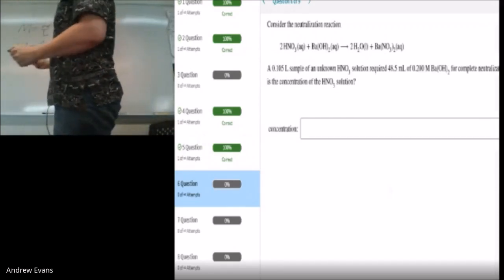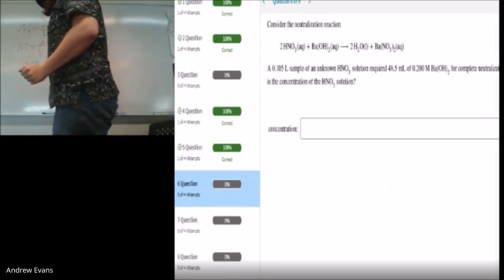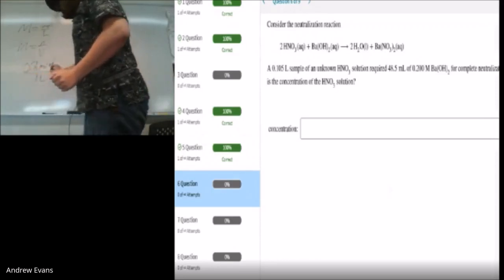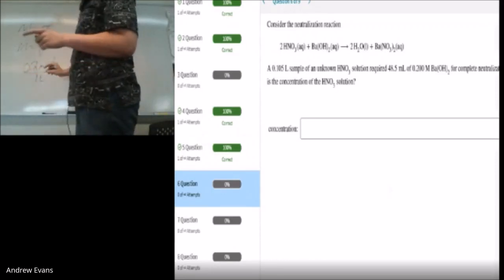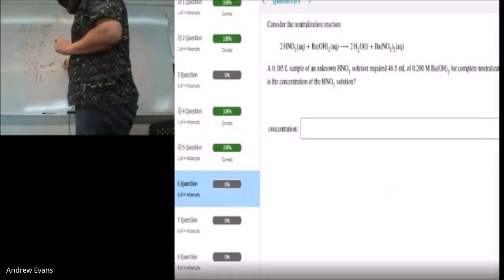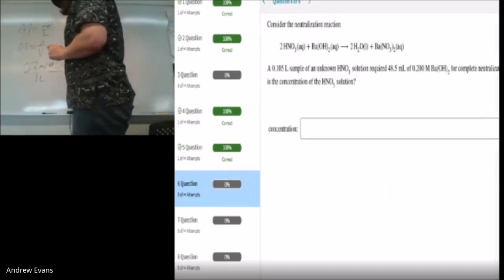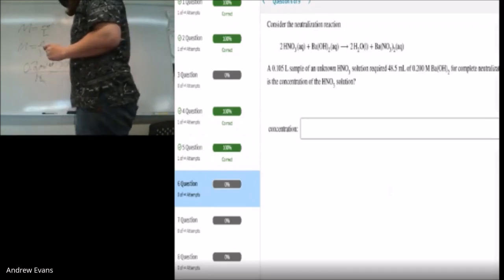So there is 0.2 moles of Ba(OH)2 per 1 liter. We have to multiply by the volume in liters, so 0.0485 liters. So those cancel out.